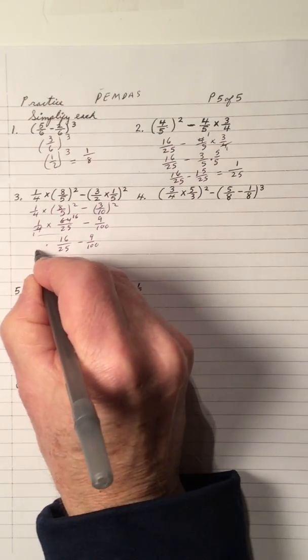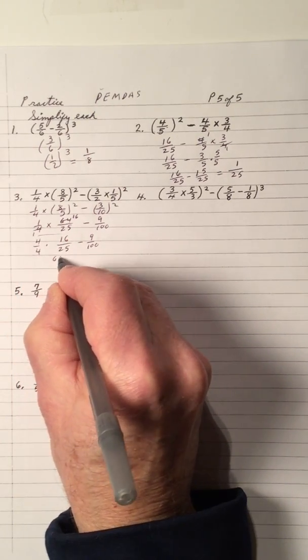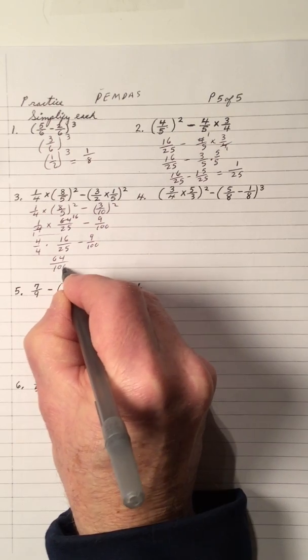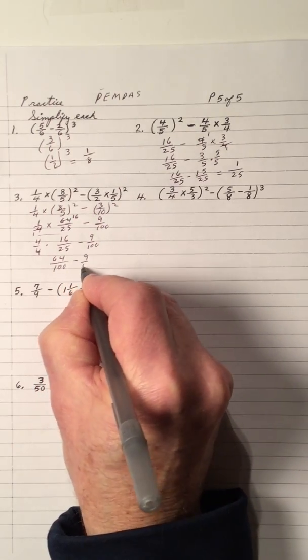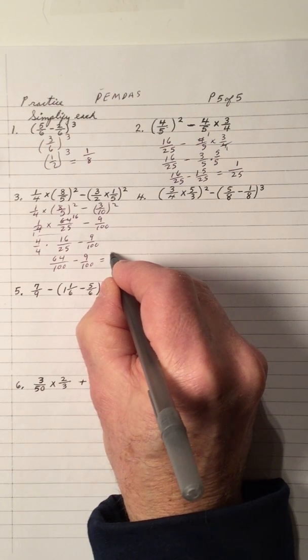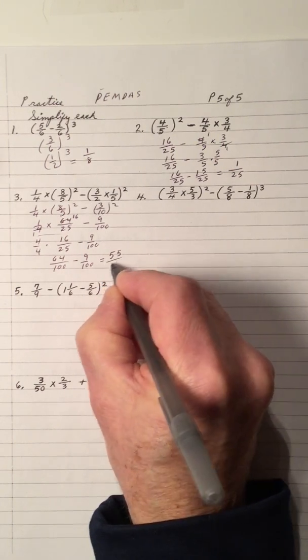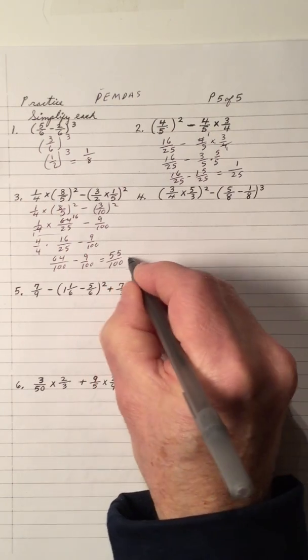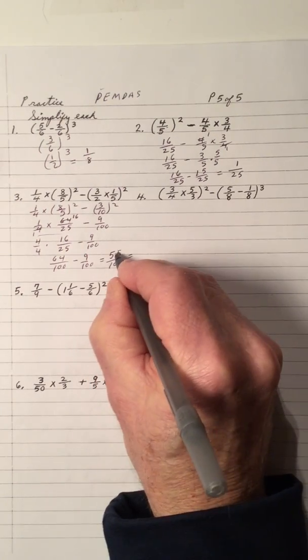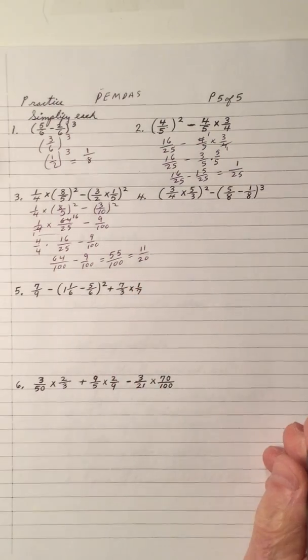So I need to multiply the bottom by 4 and the top by 4. That gives me 64 over 100 minus 9 over 100. And when you subtract, you get 55 over 100. 5 is a common factor, so 5 into 55 goes 11, 5 into 100 goes 20.